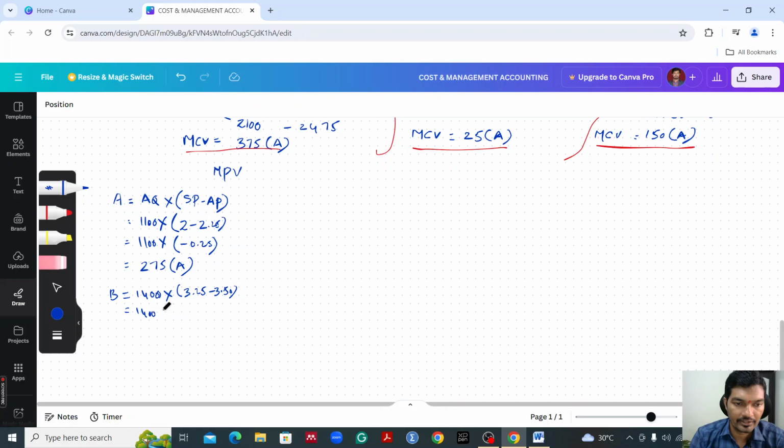Then 1400 into 3.25 minus 3.50, again we are getting a negative value of minus 0.25, and the value we got here is 350, which is negative, we should write adverse.